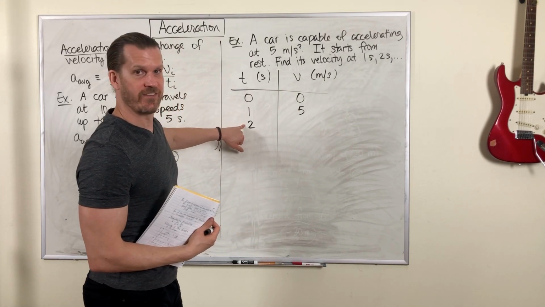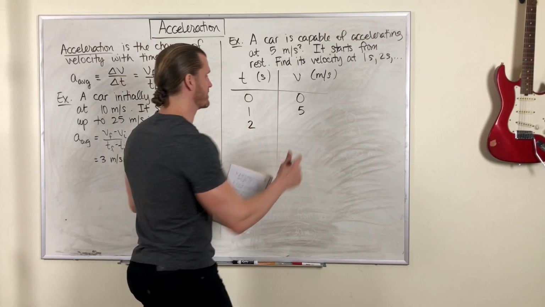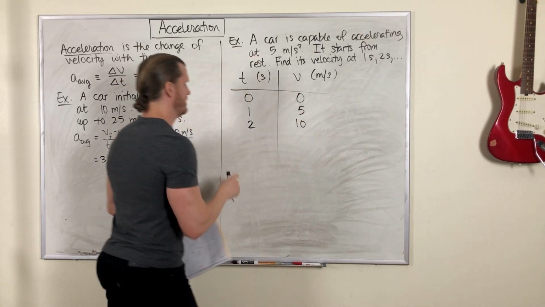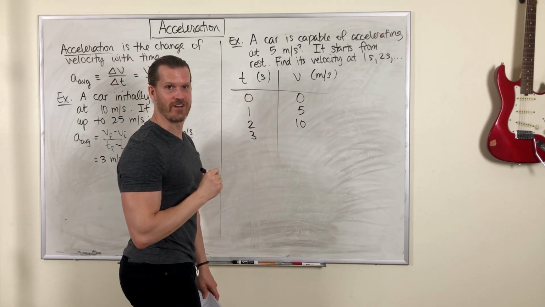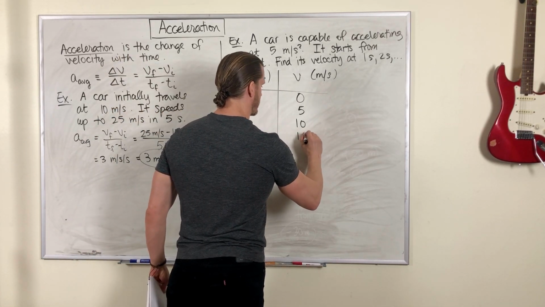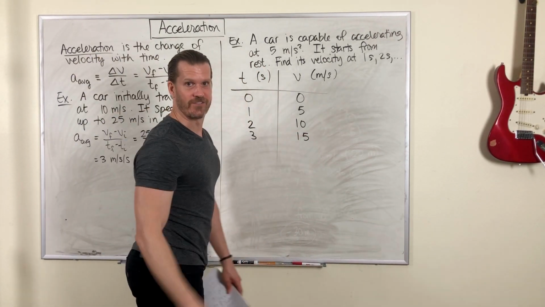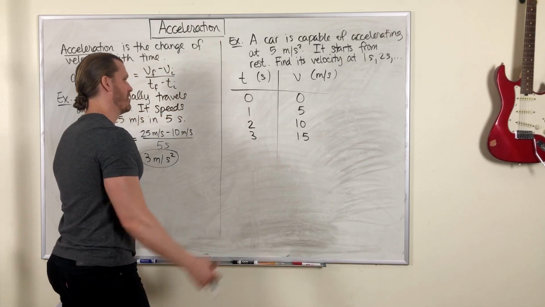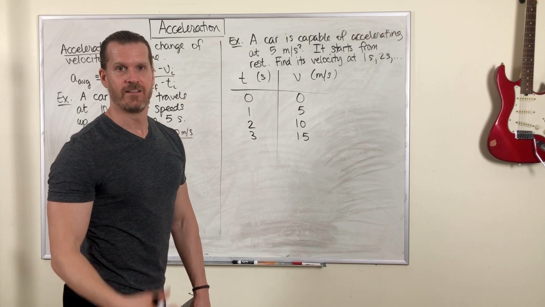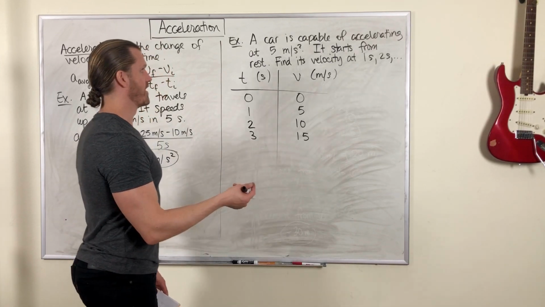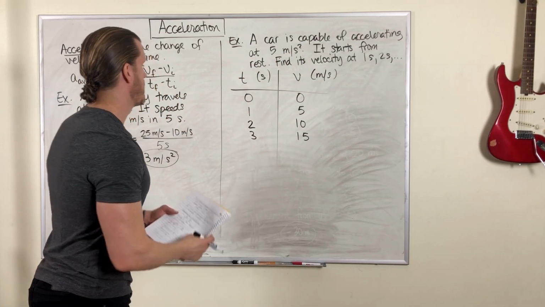After another second has elapsed, it can increase its velocity by 5 meters per second. After another second has elapsed, it can increase its velocity by 5 meters per second. So you can see the pattern. It keeps getting faster and faster by 5 meters per second every second. That's what this unit, meters per second squared, means.